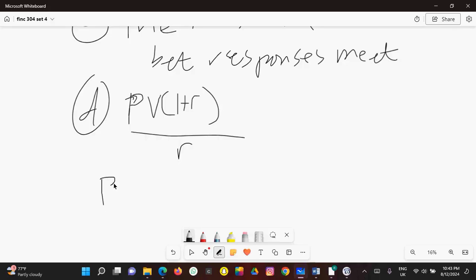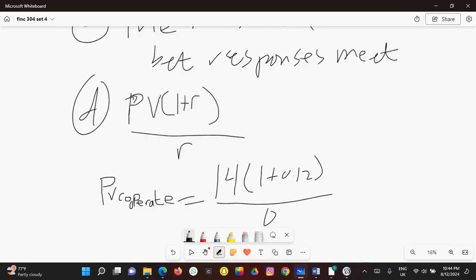So PV, when they cooperate, let's check the profit. When they cooperate, they are going to make 14 million each year. So 14, and then let's go with 1 plus 12%, 0.12 all over 0.1.